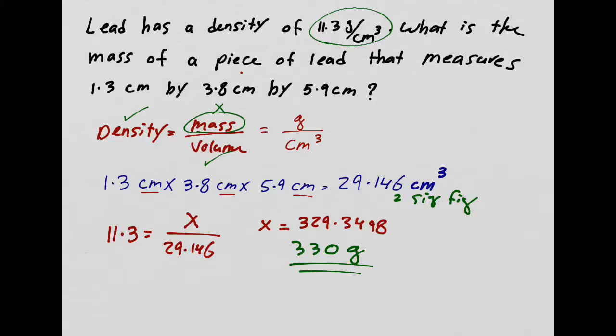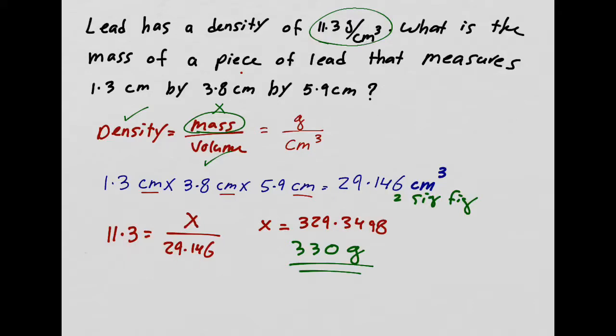So far, so good. I have a feeling I might have lost some people doing the algebra over here. This is cross multiplication. The way I got this number was 11.3 times 29.146.